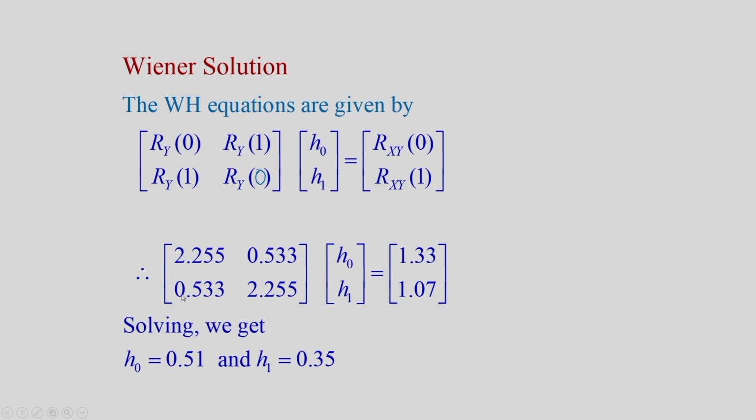If we substitute the values, we will get this matrix multiplied by H0, H1 is equal to this cross correlation vector comprising of 1.33, 1.07. Solving, we get H0 is equal to 0.51 and H1 is equal to 0.35.